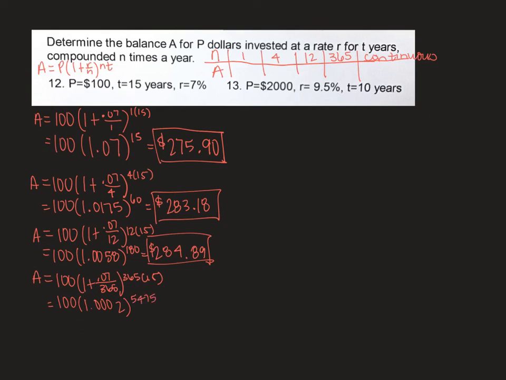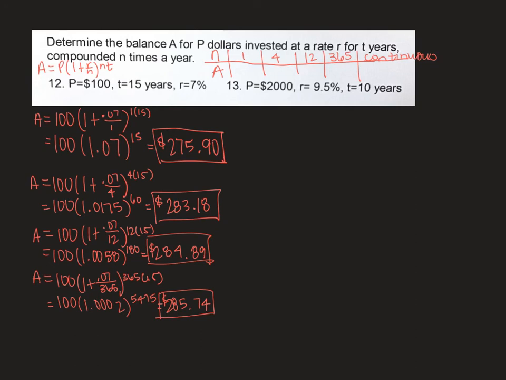When we raise that to our exponent of 5475, we've got about 2.85736. Multiply it by 100, and we got 285.74. So that's when you're compounding so many times a year.